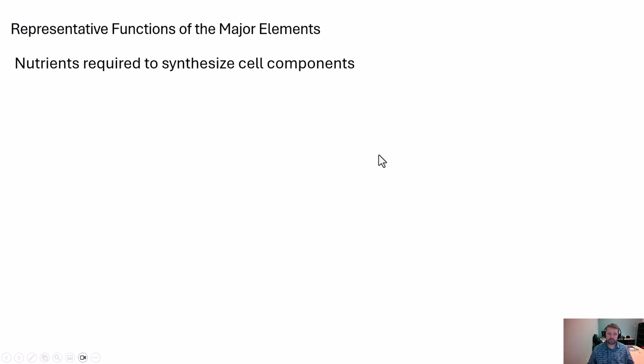All right, so other things, there are elements out there that are super important for building the biomolecules. Okay, so four basic biomolecules. You might remember these from previous courses, where you have proteins, and proteins are built of amino acids, and amino acids need nitrogen, okay?